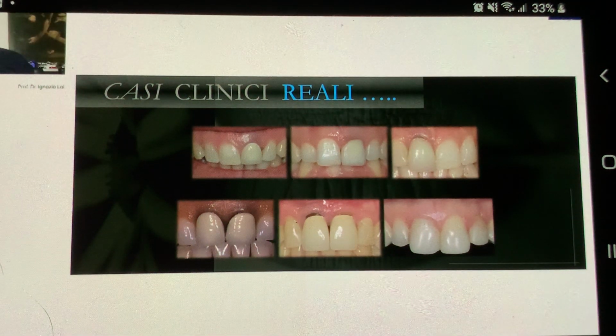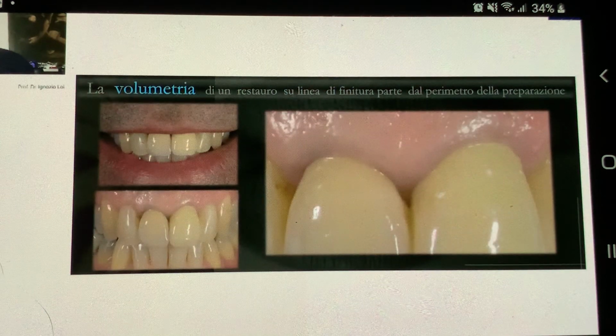And again, here, they are usually treated with surgery to recreate a new realignment.